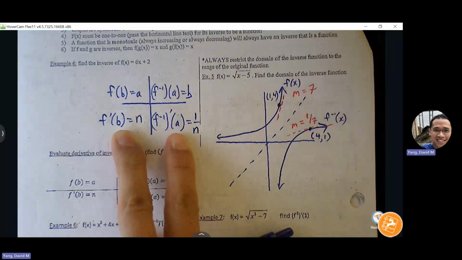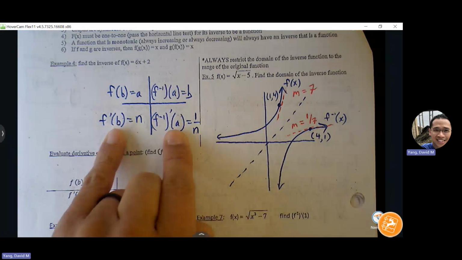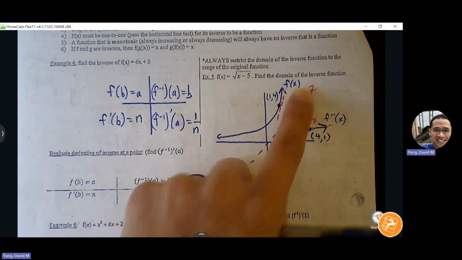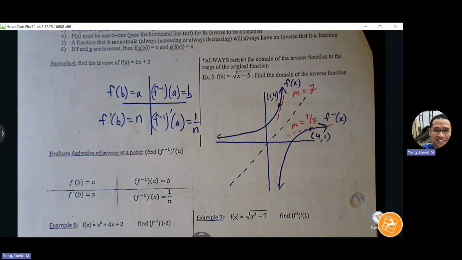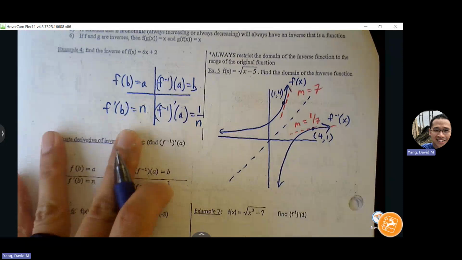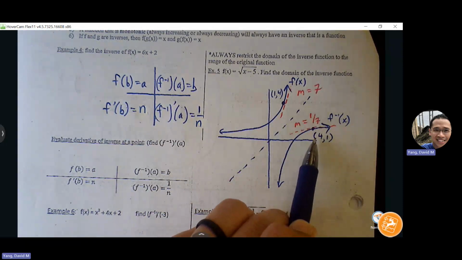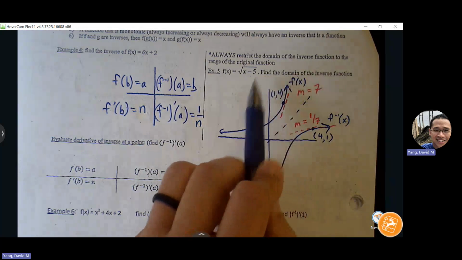Notice that these are not the same points. These are different locations, but at their different locations, they share a numeric relationship in terms of their steepness. What we're going to do with these problems is we'll be asked to find the derivative at this point, but all the information given to us is going to be at the other function.